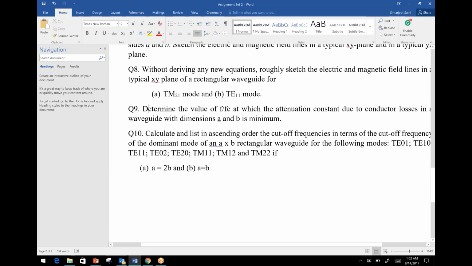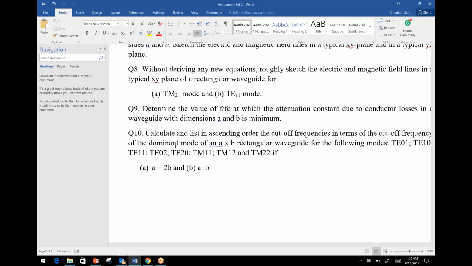Question 10 is again a simple question. It's a simple formulation. Calculate and list in descending order the cutoff frequencies in terms of the dominant mode, for a waveguide with A and B, for two different cases, when A is equal to B and A is equal to 2B, for the various modes which are present.